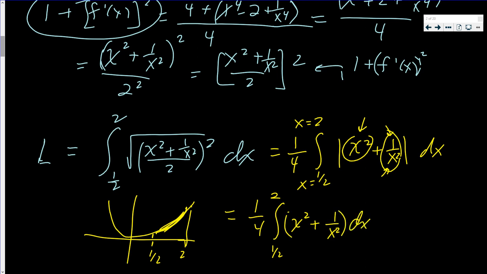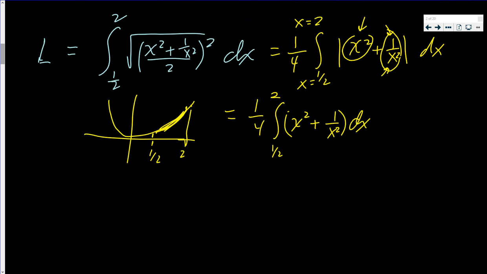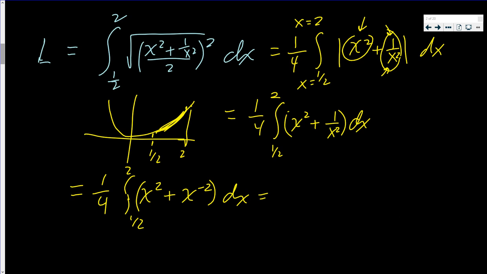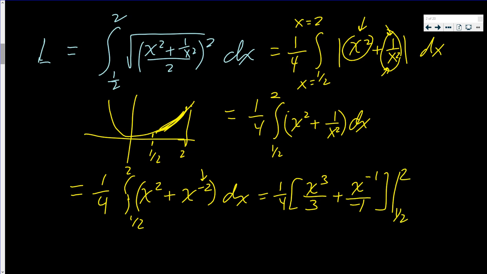And in anticipation of integrating this, I would write this as x squared plus x to the negative 2 from 1/2 to 2, of course dx. So you have the quarter. Integral of x squared is x cubed over 3, plus you add 1 to that power, you get -1, and then you divide by that number, from 1/2 to 2.